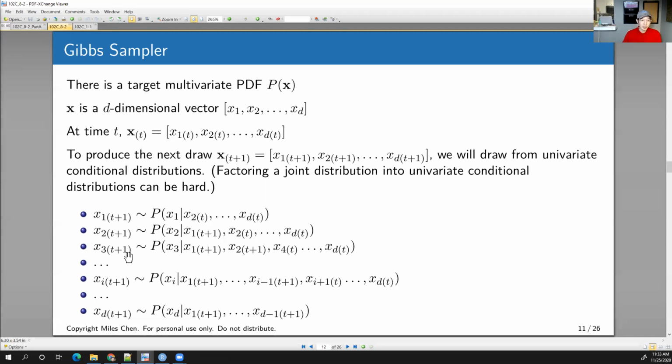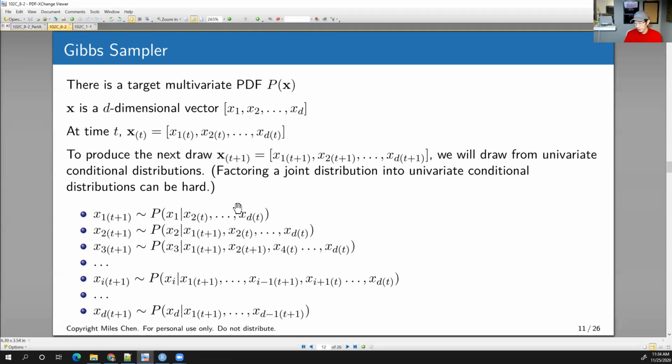You have this target distribution that you want, but it's in D dimensions, and we want to be able to get samples out of it, okay? So X is going to be this D-dimensional vector, and at time t, the vector X looks like this, all right?